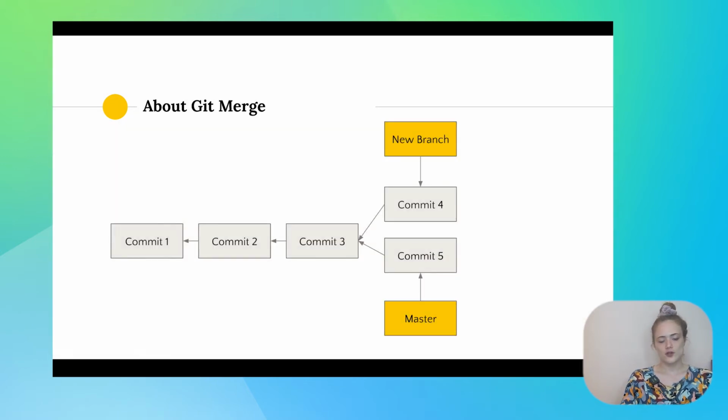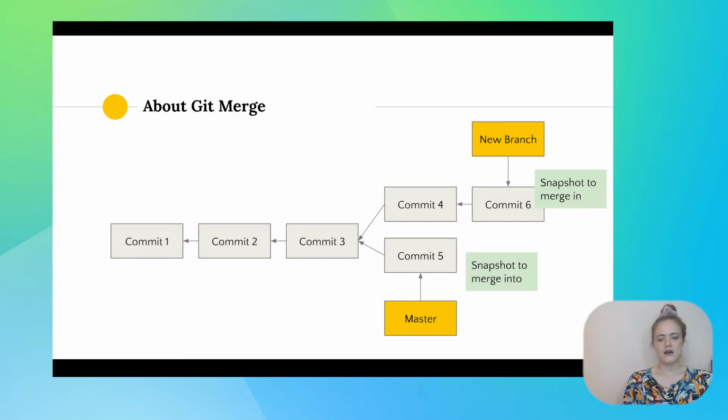So about the git merge, let's go back to the example that we had before. We have commit 1, commit 2, and commit 3. We have this new branch that is created, that is on commit 4. And we have this master branch that is on commit 5. As seen before, commit 4 and commit 5 are both children of commit 3. And then what's happening, on my new branch, I did some new code, and I have a new commit, and in commit 5 from the master, so I have two new pieces of code.